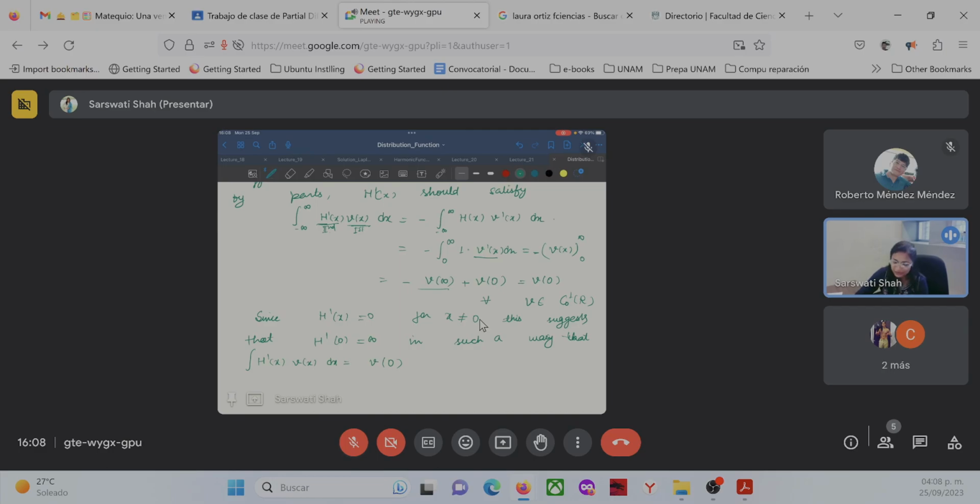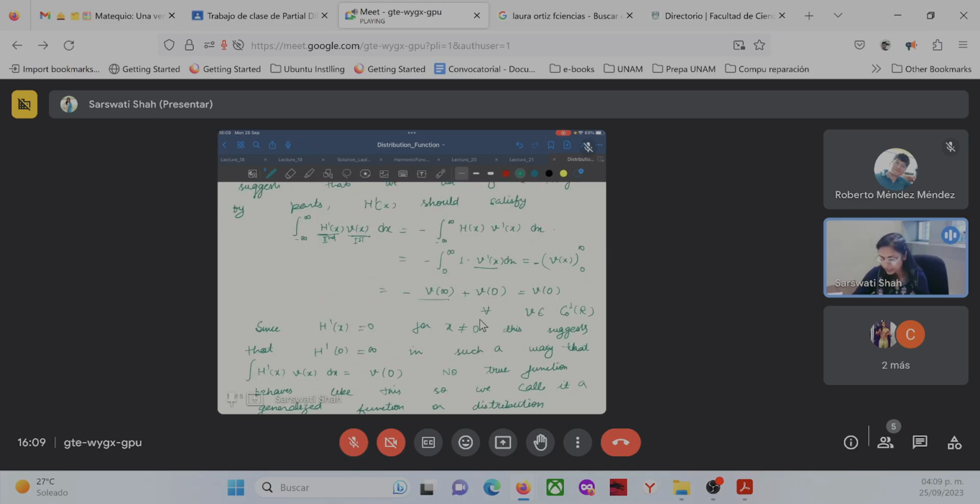Now we know that no two functions behave like this. So we call it a generalized function or distribution. We can also process taking more derivatives.